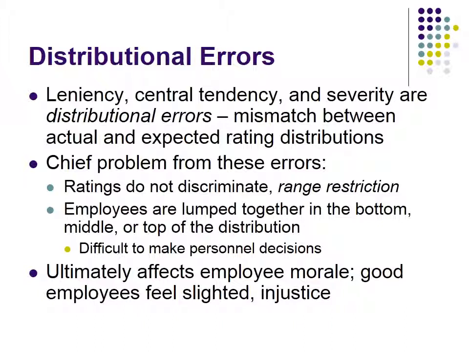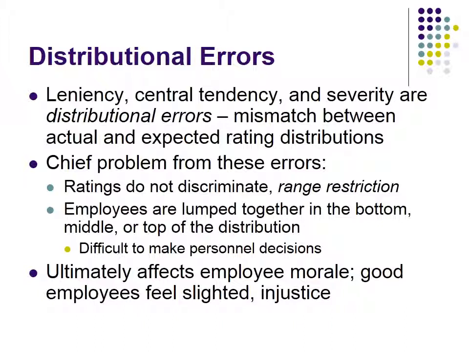So leniency, central tendency, and severity are these distributional errors, and it's a mismatch between the actual and expected rating distributions. We would expect that, all things being equal, in any random department or random group of employees, there should be a few that are doing really well, most of them that are doing their jobs pretty good, and only a few that are really having problems.